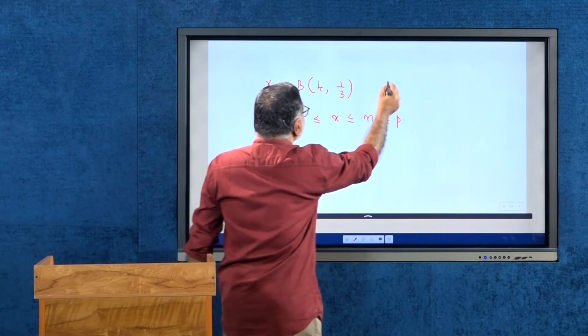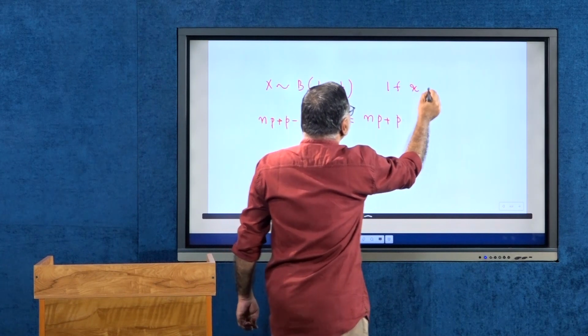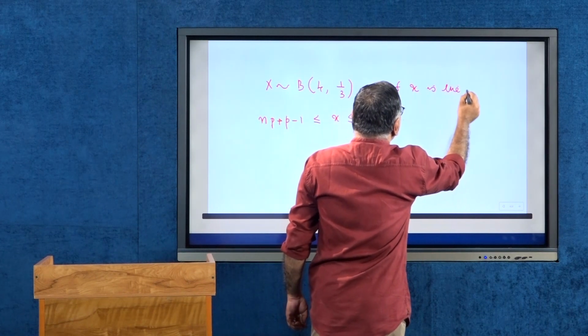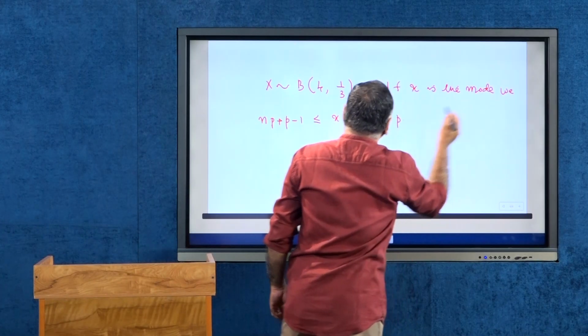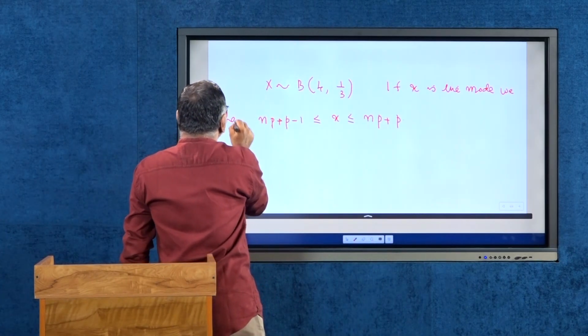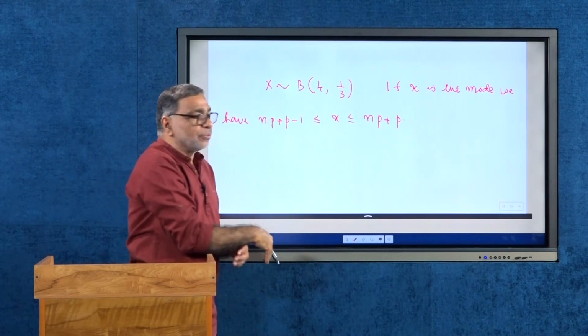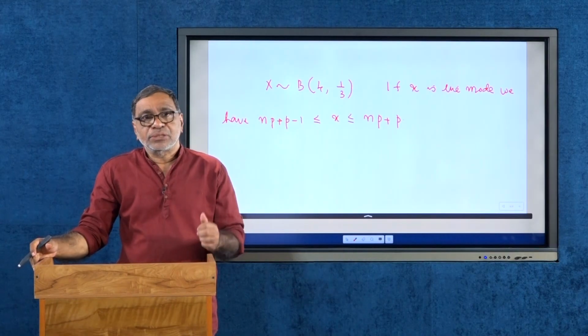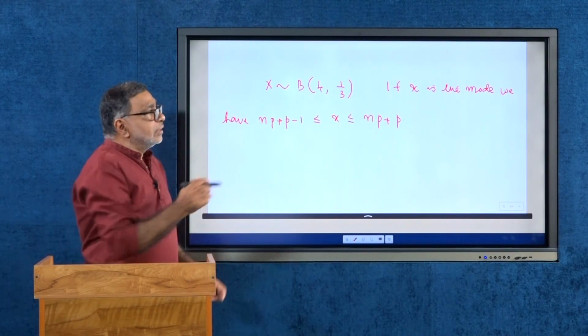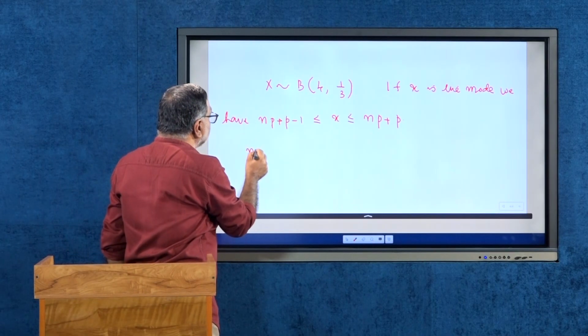So, if x is the mode, we have this. This we already proved. If x is a mode of the distribution, then x satisfies this criterion. And here, what is np plus p?